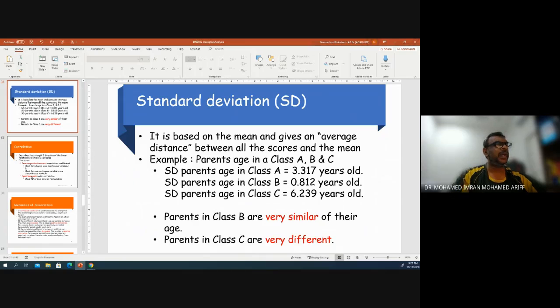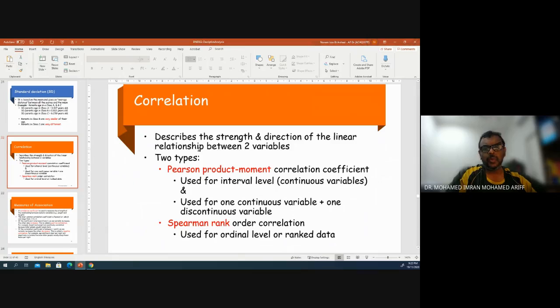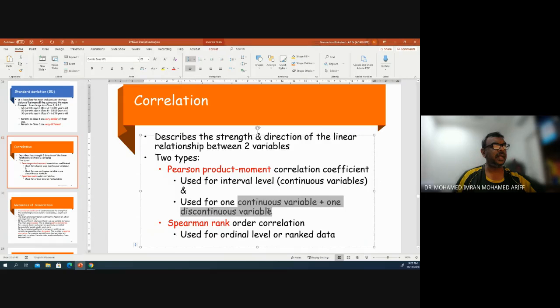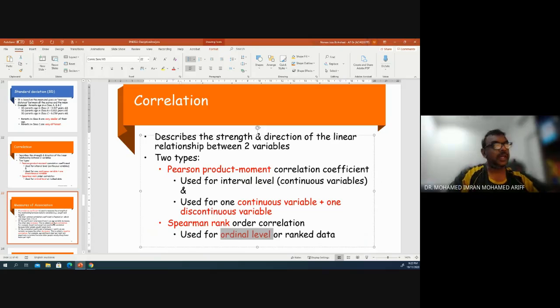We want to find out what is going to happen. What is this all about? So ada dua cara. Satu kita pakai Pearson correlation, atau satu lagi kita pakai Spearman rank order. Okay. Both of these are different because both of these use different types of data. Okay, ada pakai ordinal, ada pakai ranking. This one we can find out lah. So what do we want to find out in our correlation?